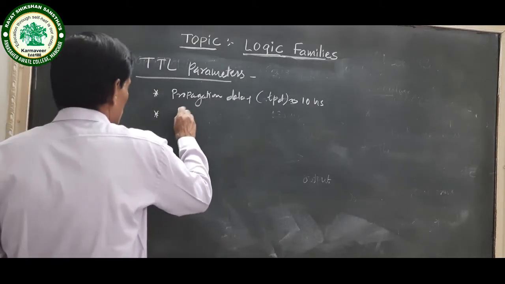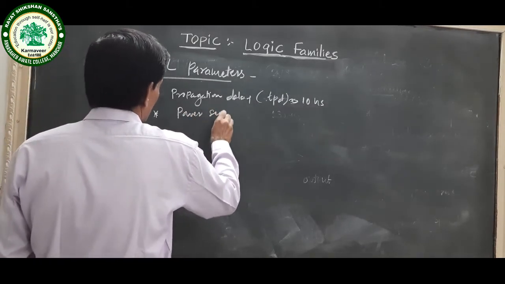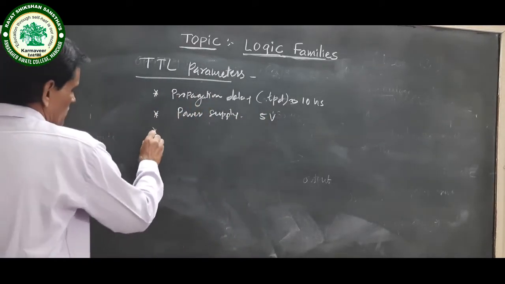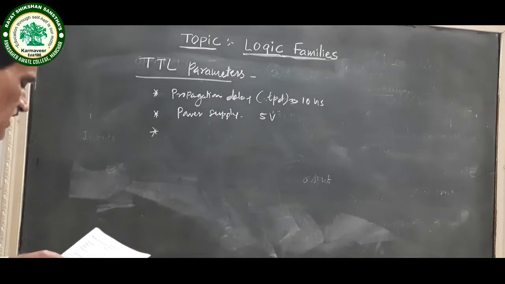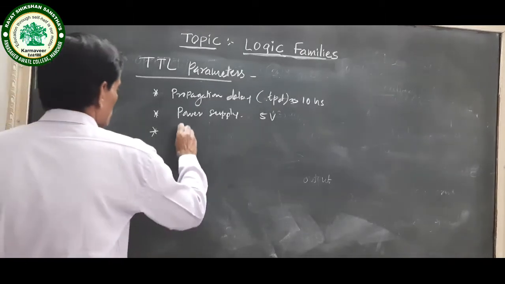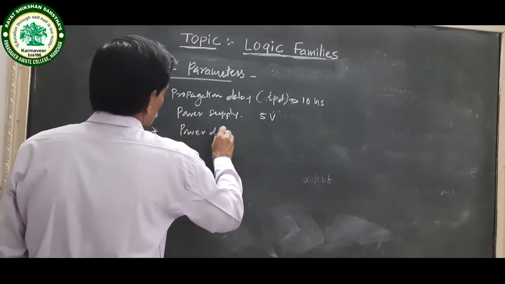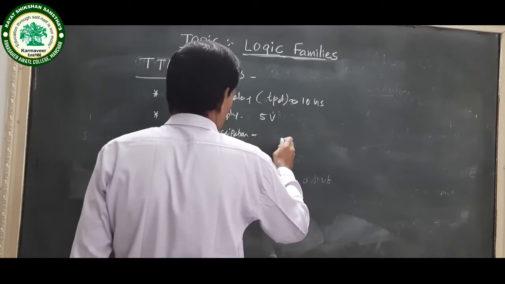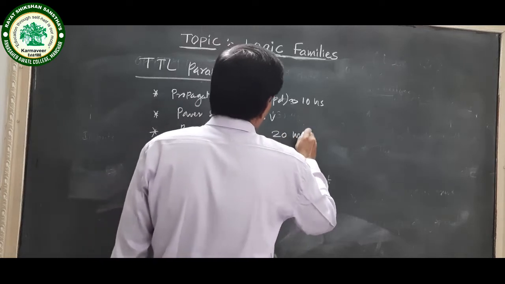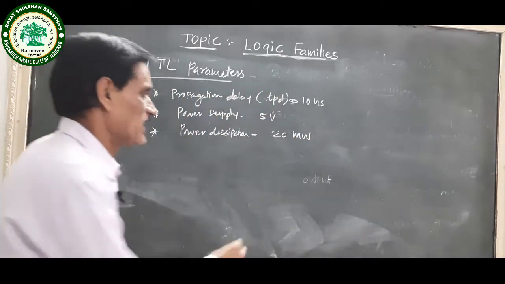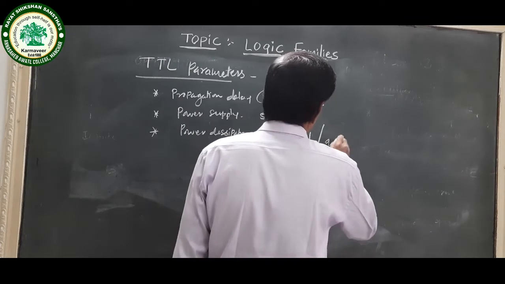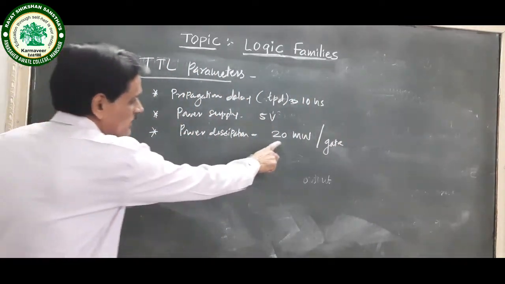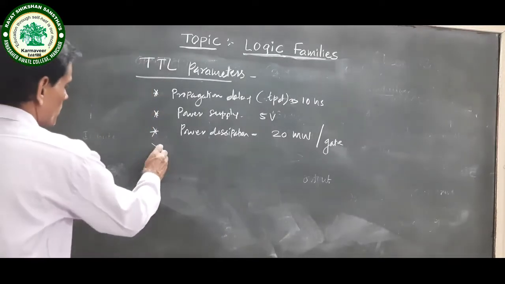Then all the ICs require a power supply of plus 5 volt, a standard supply. Then power dissipation, PD, is in the order of 20 milliwatt per gate. A single TTL gate will consume 20 milliwatt of power for its operation.